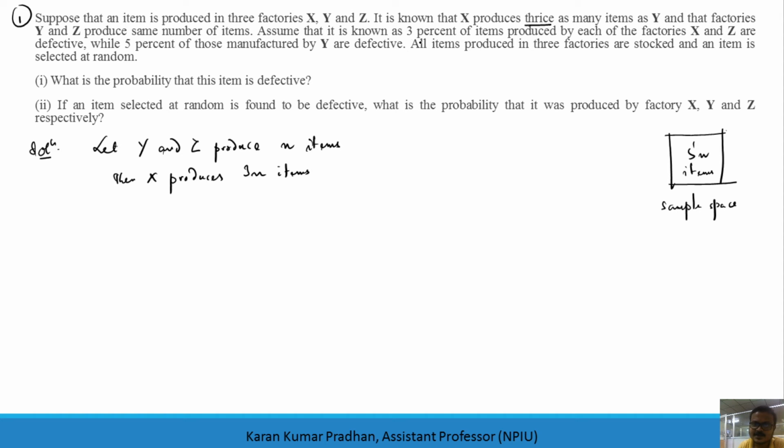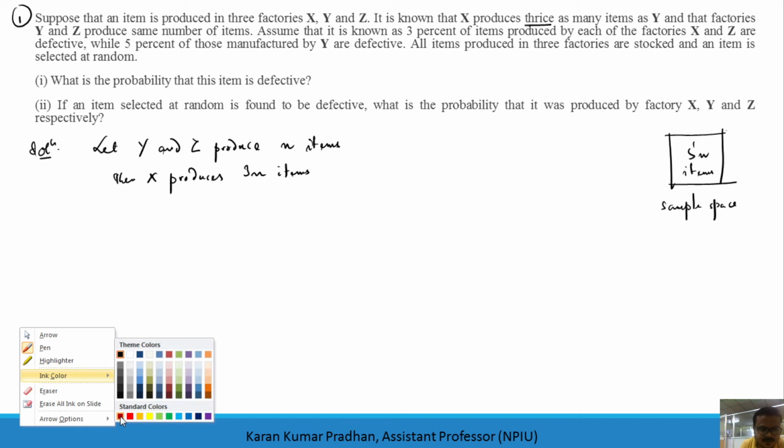Assume that it is known 3% of the items produced by each of the factories X and Z are defective, while 5% of those manufactured by Y are defective. So now instead of reliable, it is given as defective as the new information, right? Okay, so now the prior information is what?